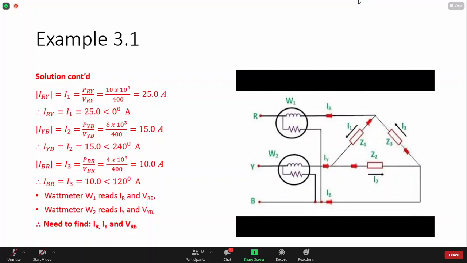So you decide which one you want to choose, and any one you choose as the common, you just know that the current coils will be in the other 2 lines.